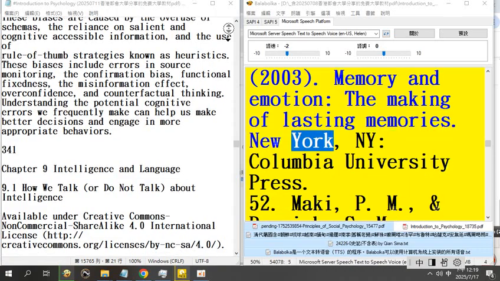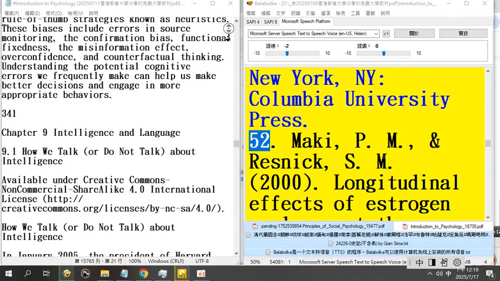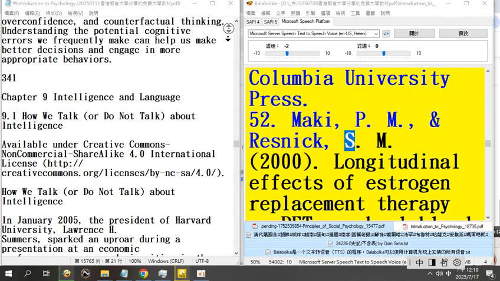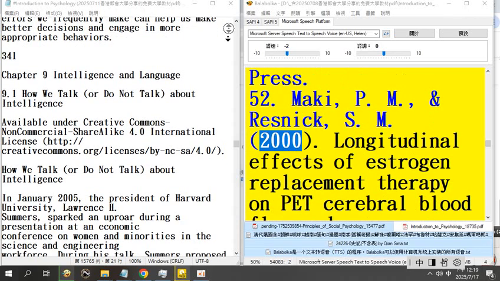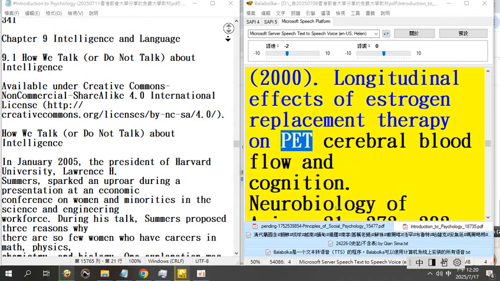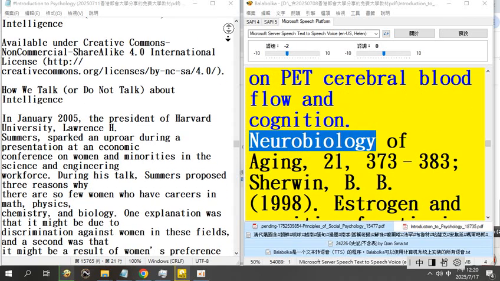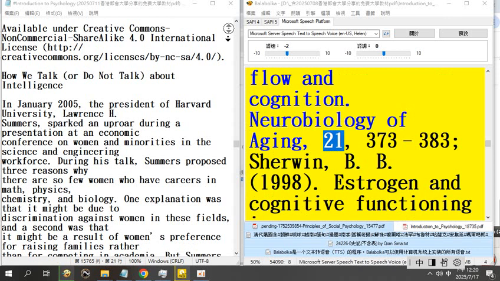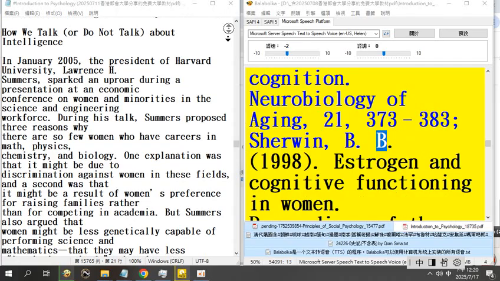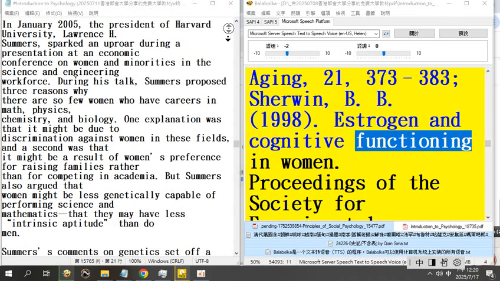New York: Columbia University Press. 52. Maki, P.M., and Resnick, S.M. 2000. Longitudinal effects of estrogen replacement therapy on PET cerebral blood flow and cognition. Neurobiology of Aging, 21, 373-383. Sherwin, B.B. 1998. Estrogen and cognitive functioning in women.